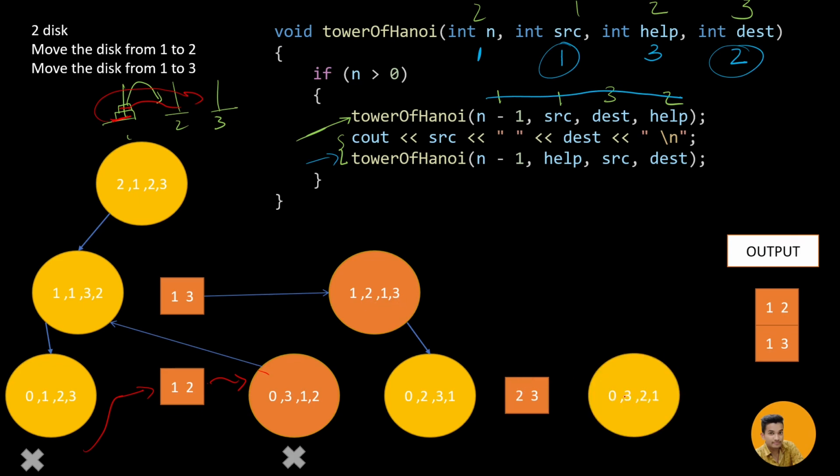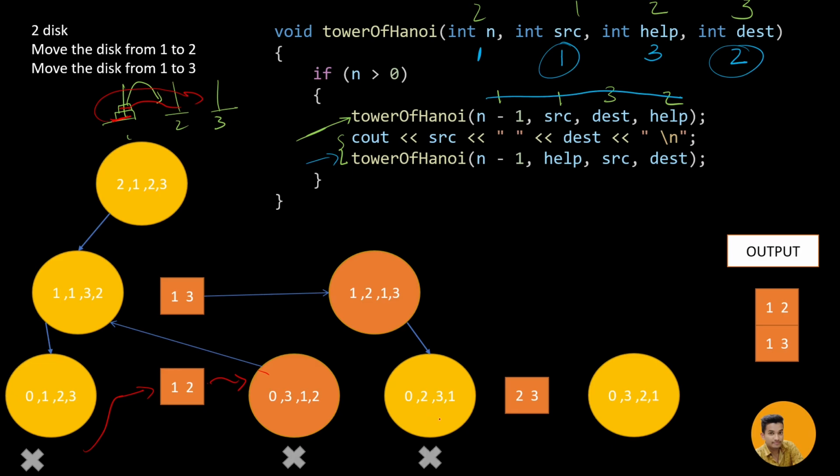And at this n minus 1, what is the value of help? Help value is 3, source is 2, and destination is 1.